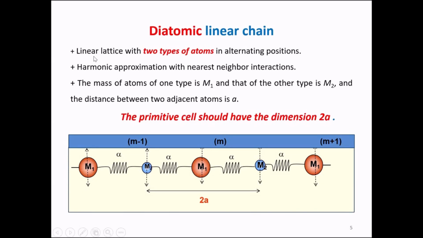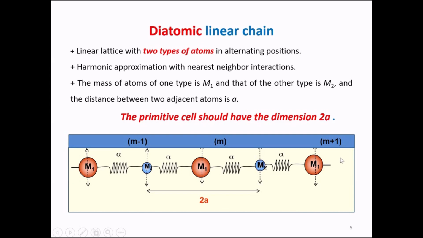Okay. So we also consider the linear lattice with two types of atoms. The atoms are in alternating positions. Why? Because it has to adapt to the periodic property of the crystal. In a crystal we have to repeat the cell, so that's why the atoms have alternating positions M1, M2, M1, M2, M1, M2.